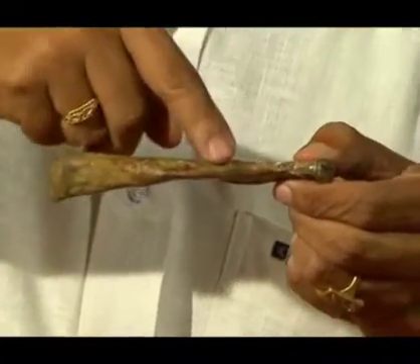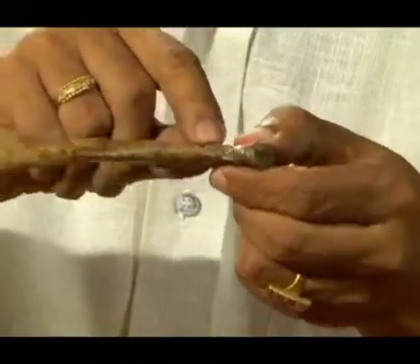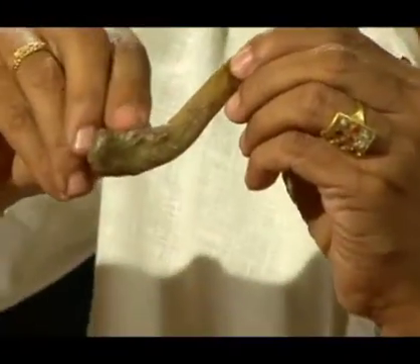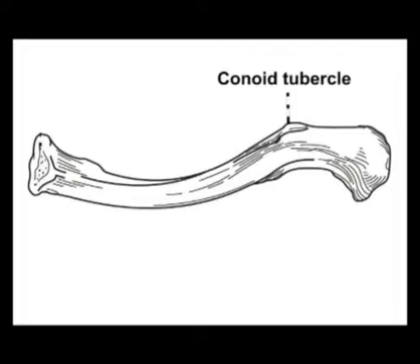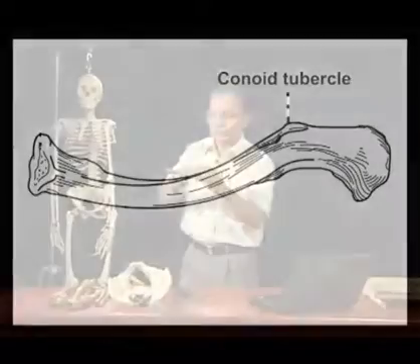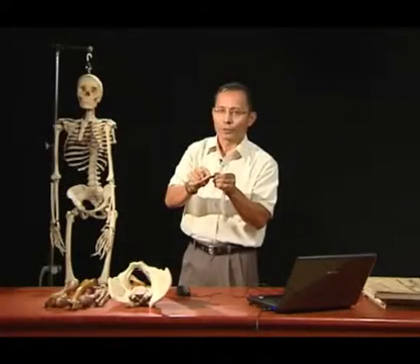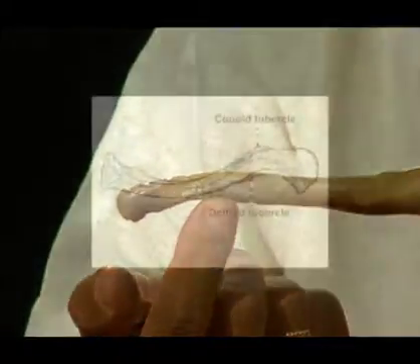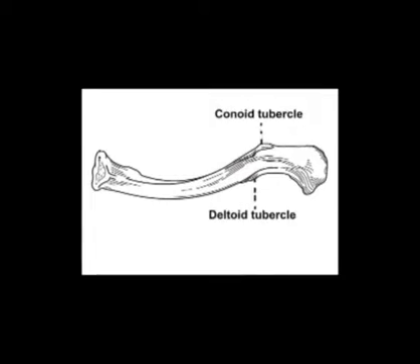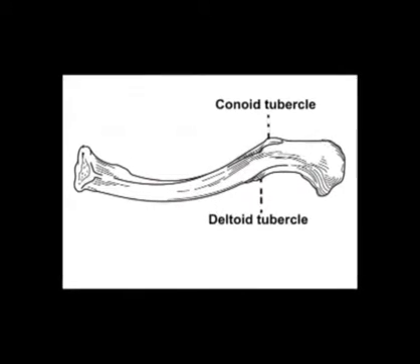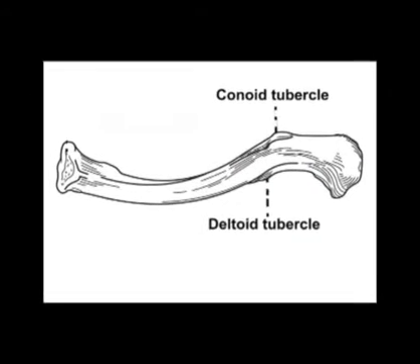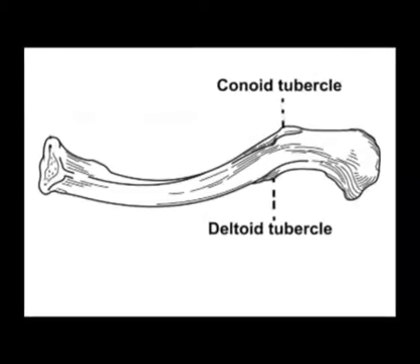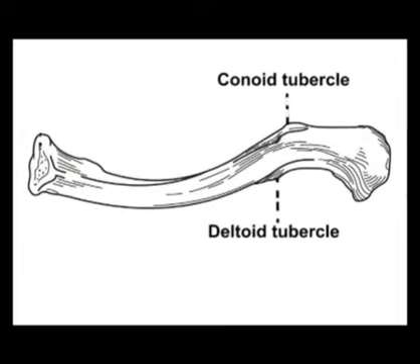In the lateral 1/3, there is a slight projection here. This is called the conoid tubercle. And on the posterior side, facing downward, there is the deltoid tubercle. So this deltoid tubercle should be on the back side, that means on the posterior side, and facing downward.